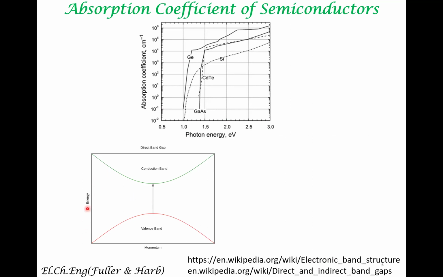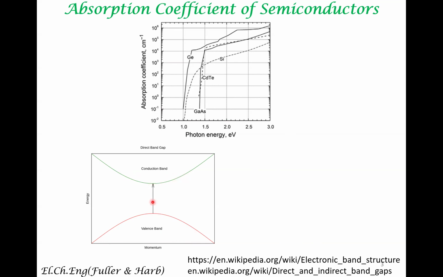Again, we are plotting the energy on the y-axis, and the momentum or the k vector of the electrons is specified on the x-axis. In a direct band gap semiconductor, the maximum of the valence band, that is the edge of the valence band, is at the same momentum as the minimum of the conduction band.